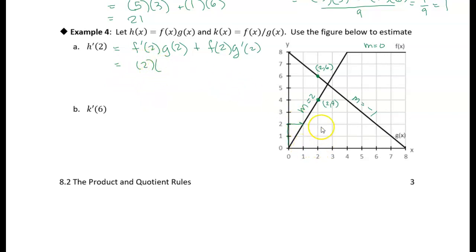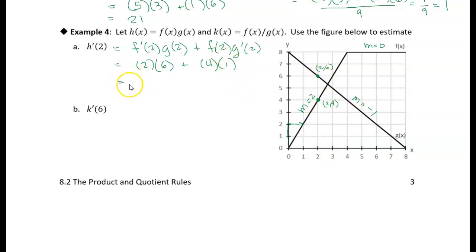Now we just need g of 2, the actual value of the function, not the slope, which is just 6, right? And f of 2, we figured out that's the value of the function at 2 for f of x, so that's 4. And now we need the slope of g, right? Because we're looking for g prime, which is the slope at 2. So it looks like the slope of g is minus 1.